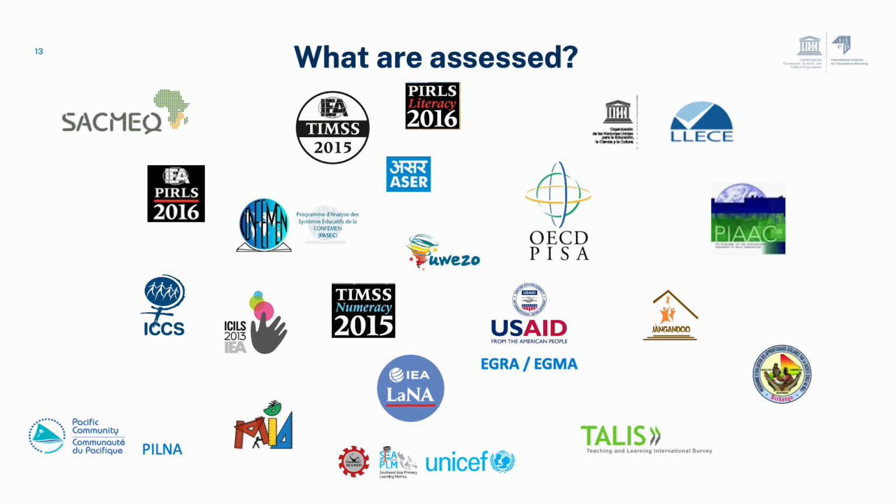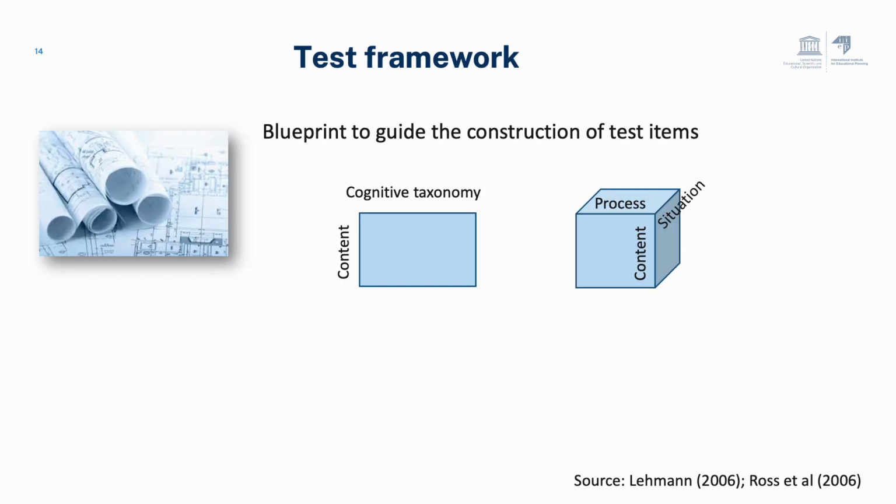Let us now look at how each assessment defines its test framework. The test framework is a blueprint of the test which describes the rules of defining what should be learned and what test items should be constructed. Even with basic subjects such as reading or mathematics, the test framework in each subject may not always be the same.